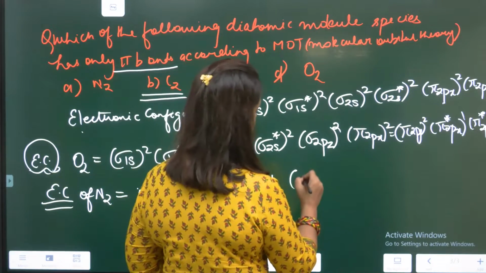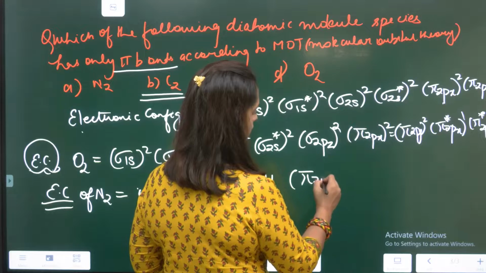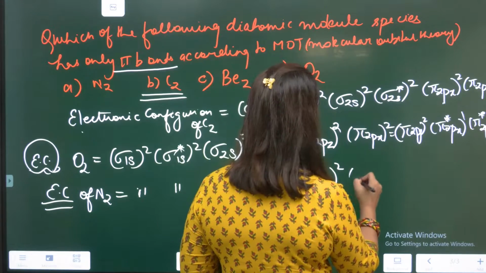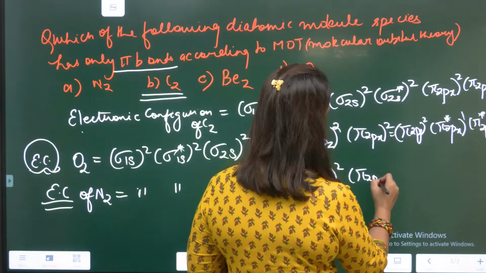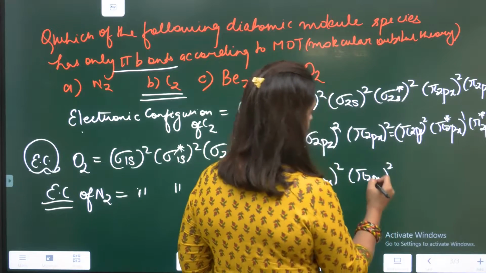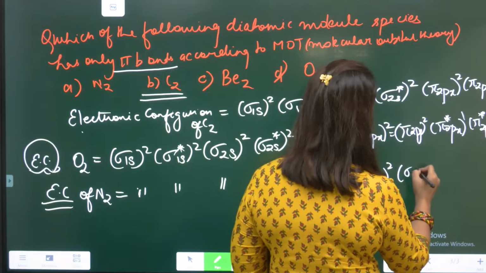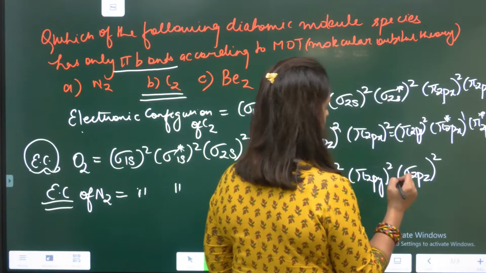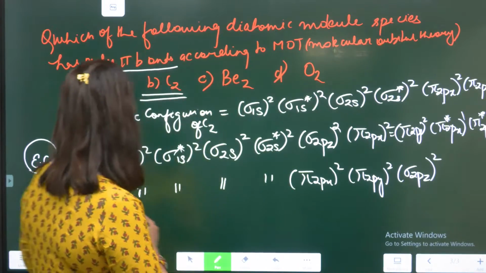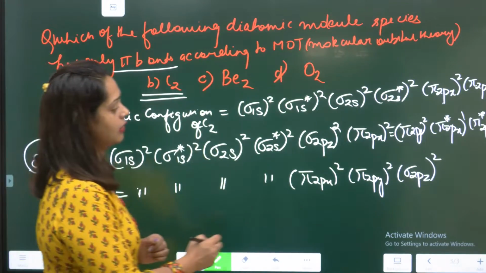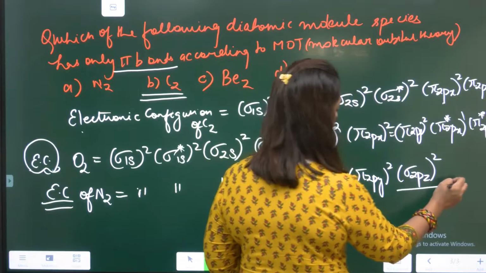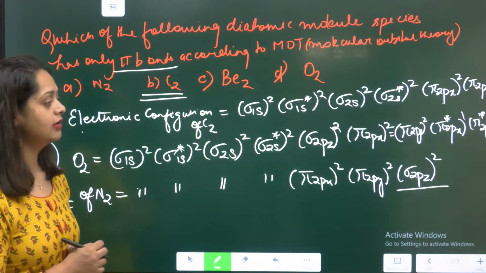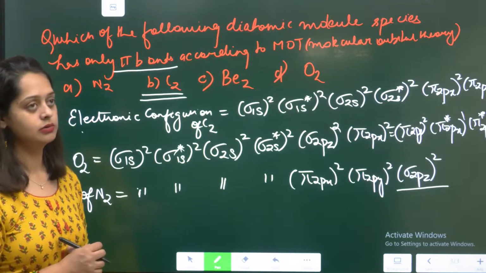After this the change arises: pi 2px2, pi 2py2, sigma 2pz2. So why was this not your answer? Because of the presence of sigma 2pz squared, right? That option was ruled out due to this.